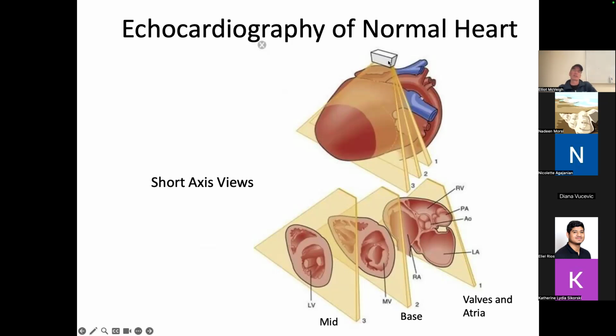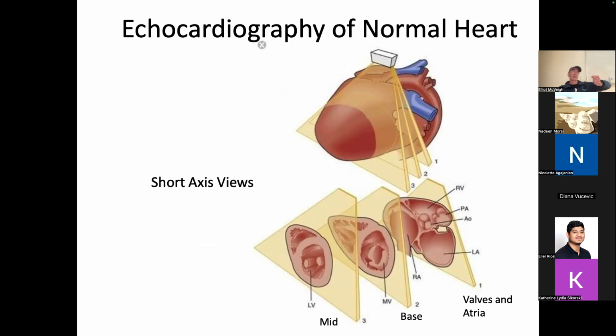It's usually the parasternal view because the thing's up here. But then I can just tilt it. I take it and tilt, and I see different views. I see a short axis view here through the mid ventricle. I see a short axis view here through the base of the heart. And then this is all the way up into the valve plane, right? So I have the left atrium, right atrium, and all of this, the right ventricle up here, the pulmonary artery.